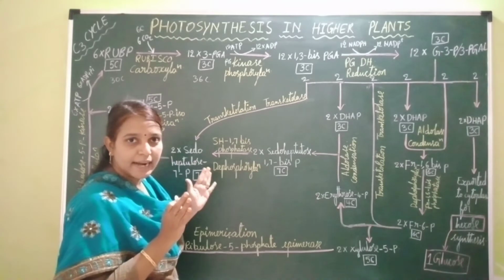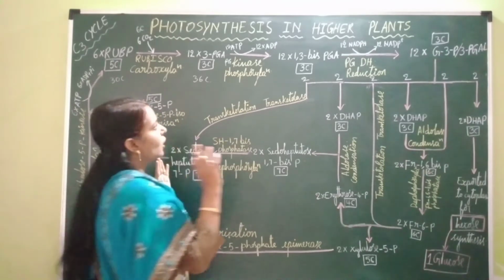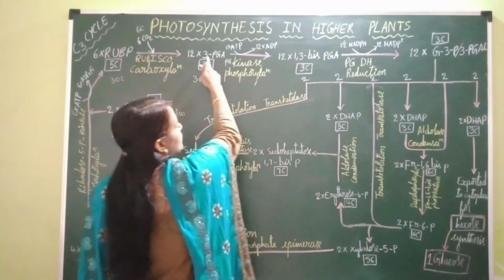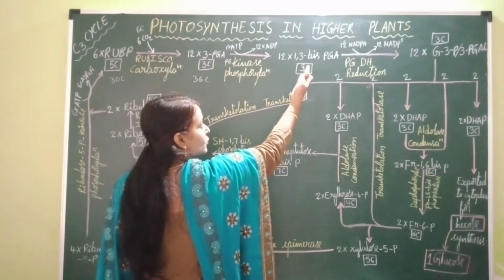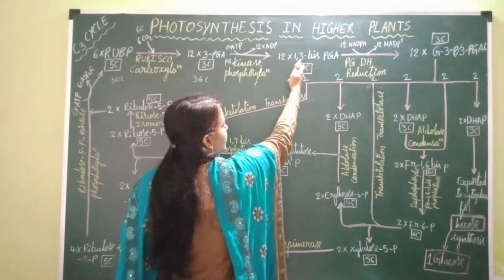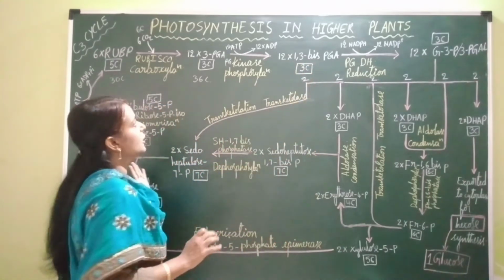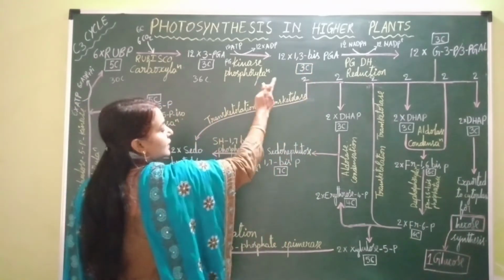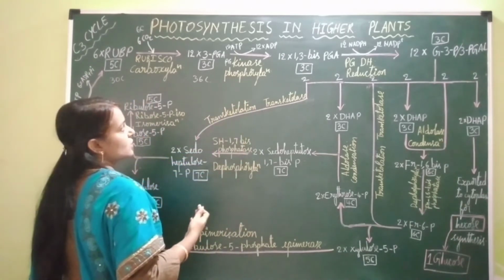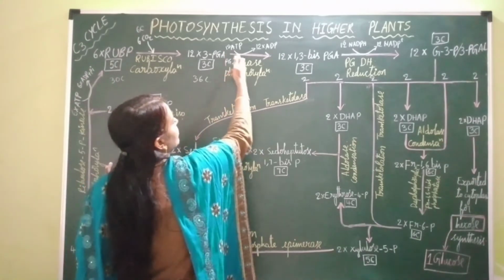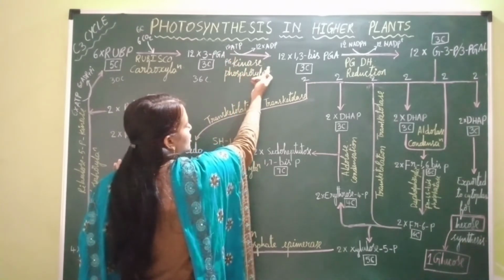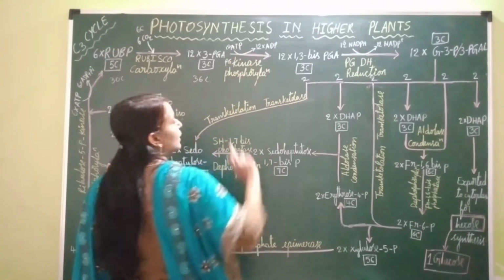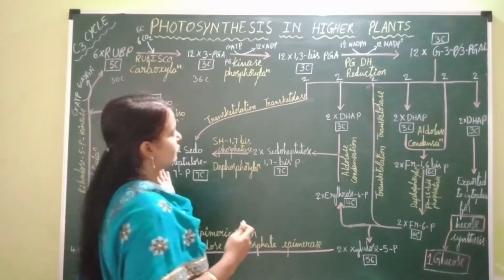Where is this phosphate added? At the first position. Already at the third position a phosphate group is present. Now at the first position another phosphate group is added and hence it has become 1,3-bisphosphoglyceric acid. This reaction is catalyzed by phosphoglycerokinase and here the phosphate is donated by ATP, and hence 12 molecules of ATP donate 1 phosphate each and are converted into 12 molecules of ADP, adenosine diphosphate.